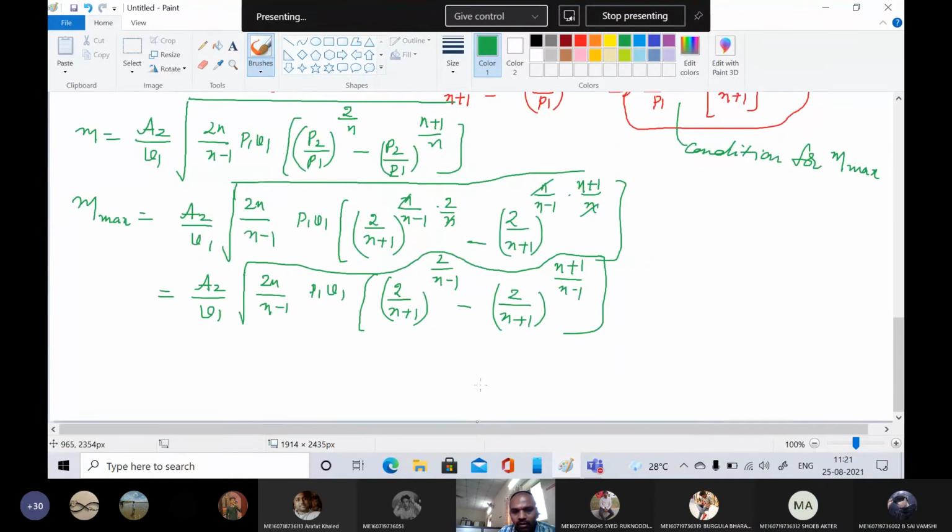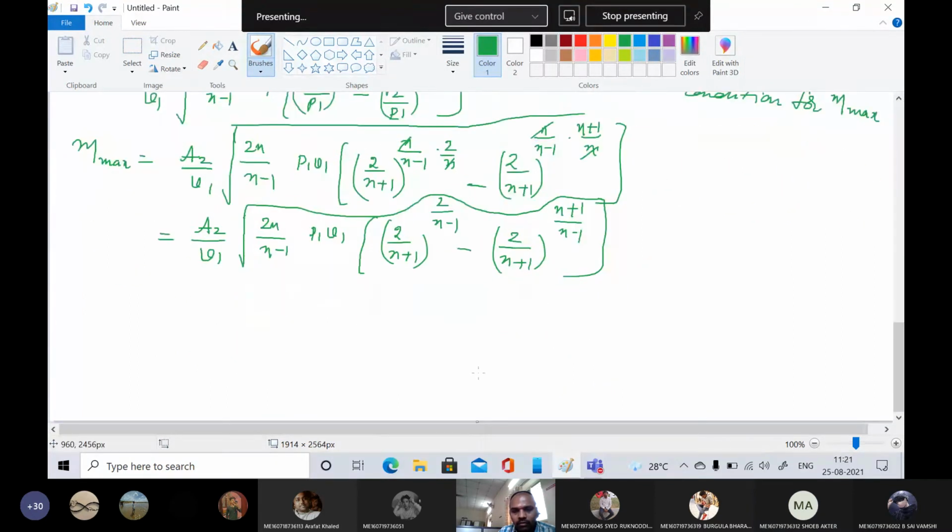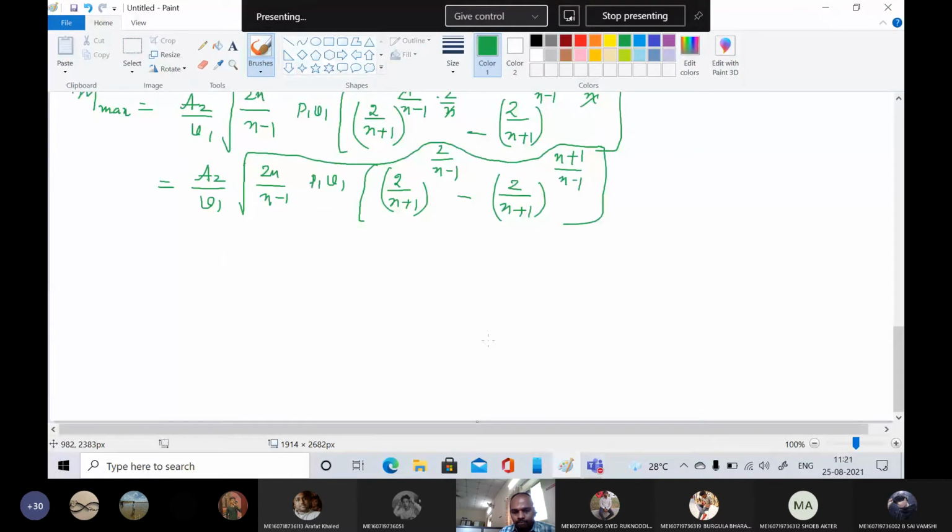So we can simplify further also. M max is equal to A2/V1. Which term we can take common?